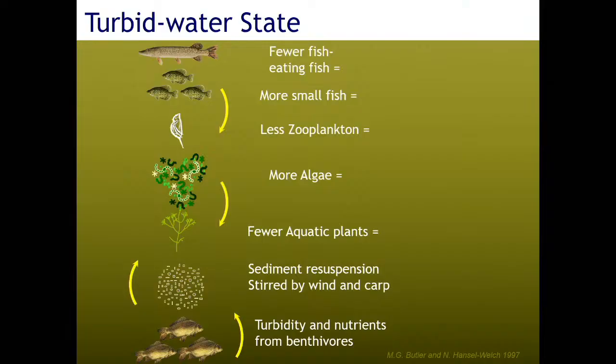Because we have a ton of those, they're gonna be eating a lot of the little zooplankton, which is that next step in the food chain. Because they're putting all this predatory pressure on those, we're gonna have less zooplankton, and because we have less of that, that's how we get more algae, because that zooplankton is eating the algae, and that's how we get the green water. And then it also works on the bottom up, where when we have carp, they're stirring up the sediments.